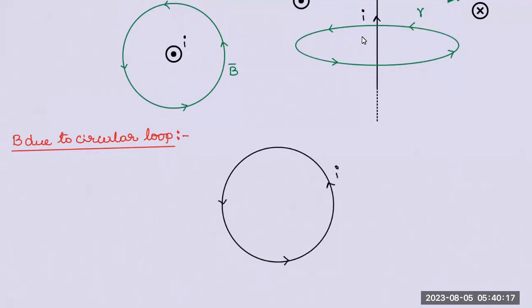Then magnetic field at the center will be, observe, B is equal to mu naught I by 2R, where R is the radius.